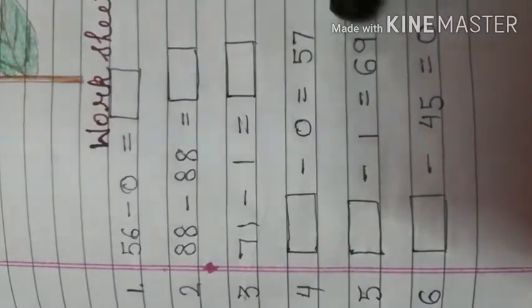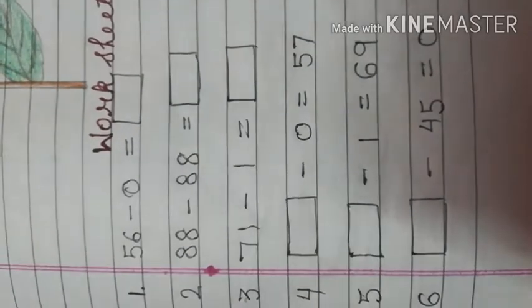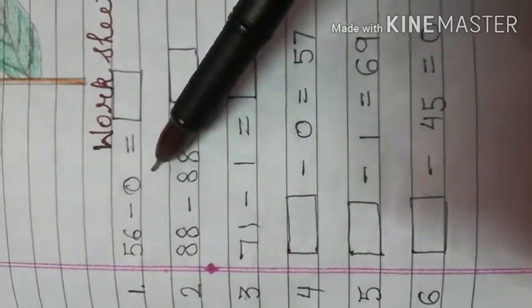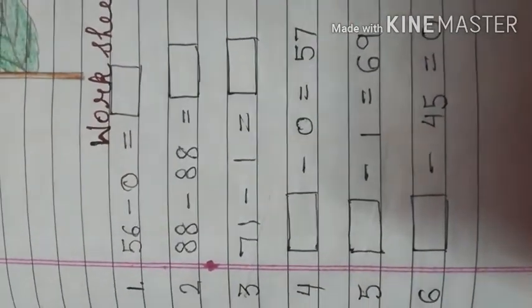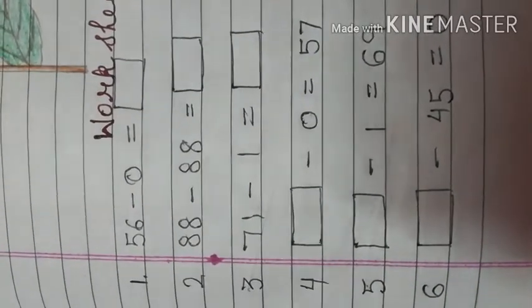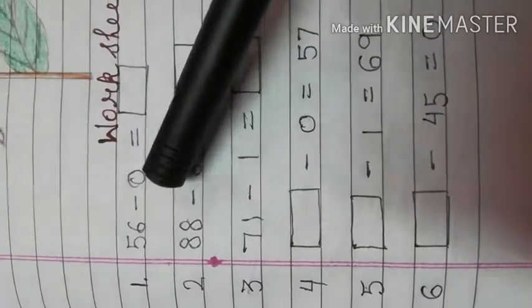So let us start. Like in question number 1, you can see that we have 56 minus 0. That means subtraction of 0 from 56. And while solving sums, we have learnt that if we are subtracting 0 from the number, then it will not affect our answer.